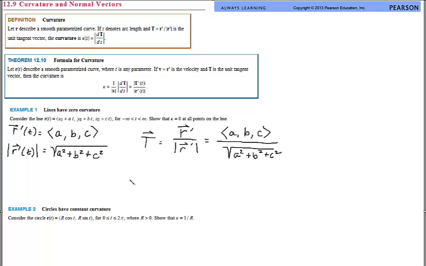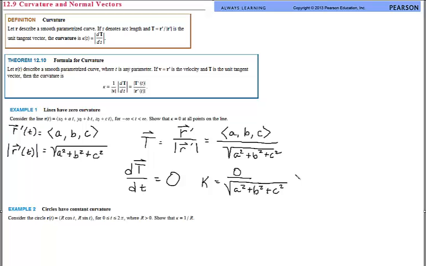Note the derivative of my unit vector, how is this unit vector changing in time? Because this is a constant, the derivative equals 0, which then means that the curvature is also equal to 0. So the magnitude here would be 0 over a squared plus b squared plus c squared.